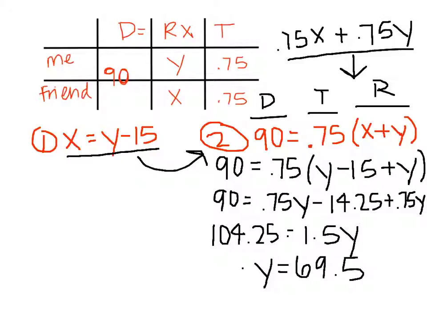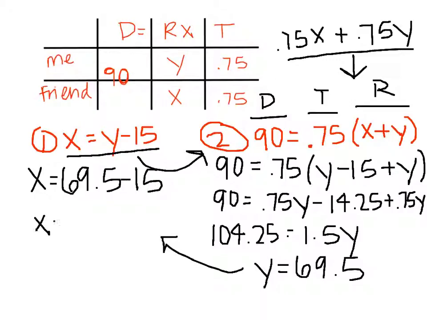And then we're going to take this and put it back into that equation. So we have x equals 67.5 minus 15. And do the math, and that equals 52.5.